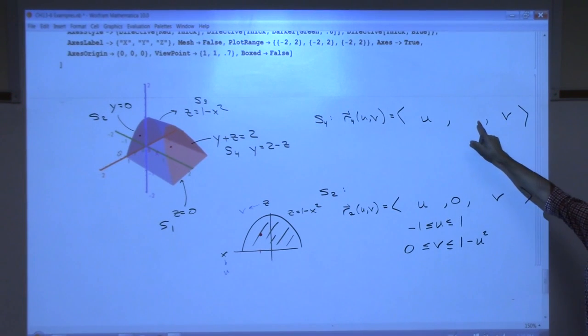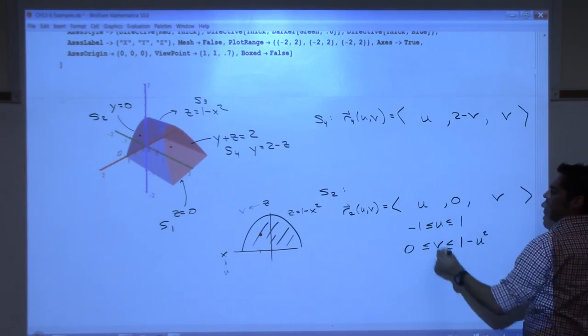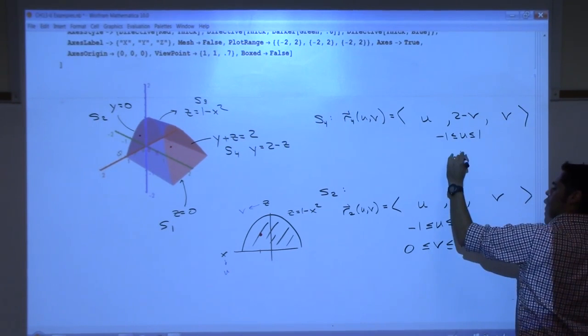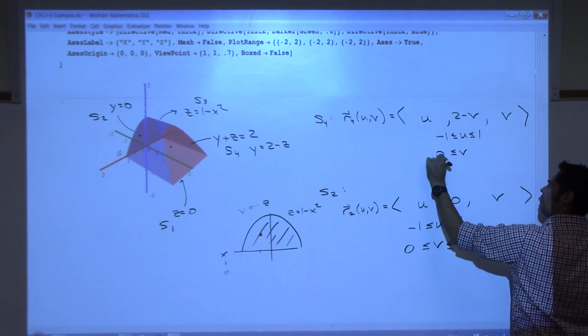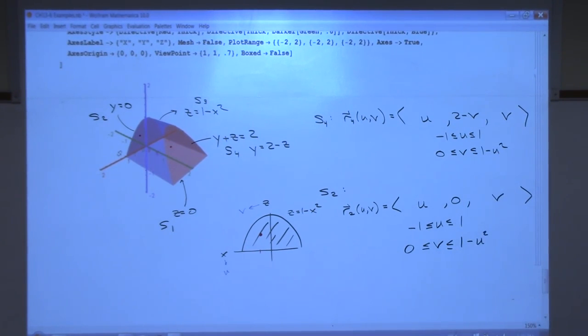So this should be 2 minus v. And then same restrictions as we had here. Is that okay? We're not done, but is that all right with you? Yeah.